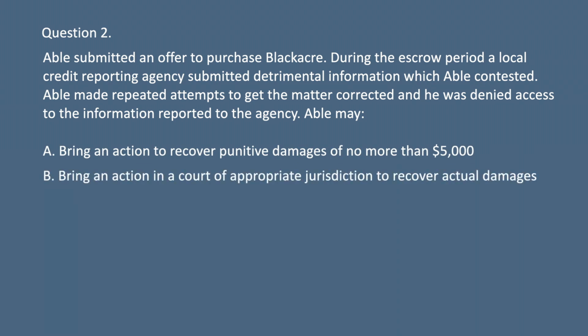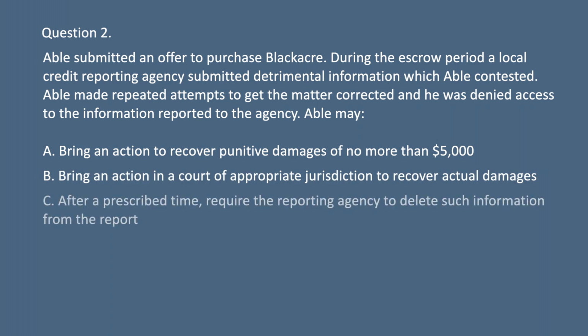B. Bring an action in a court of appropriate jurisdiction to recover actual damages. C. After a prescribed time, require the reporting agency to delete such information from the report. D. All of the above. Answer D. All choices are open to the principal in question.